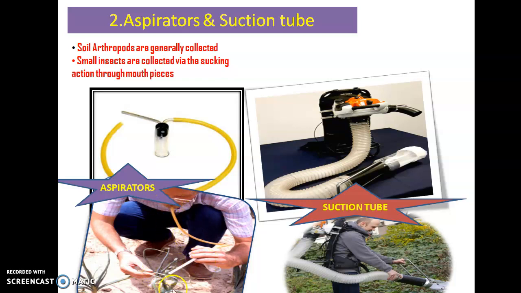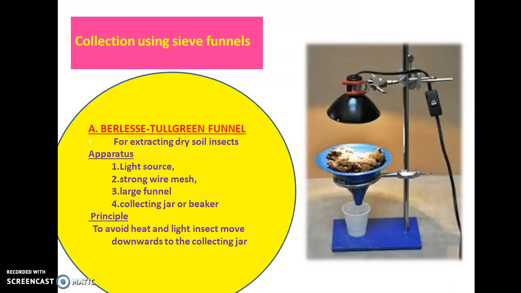Here you can see that a person is collecting an insect from a plant by using this aspirator. And also by means of the sucking action or the suction pressure of this apparatus, a person can collect soil organisms. So these are the other 2 methods.